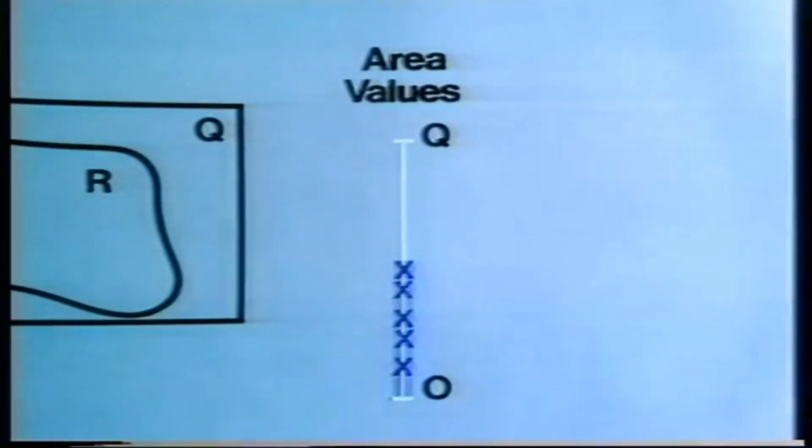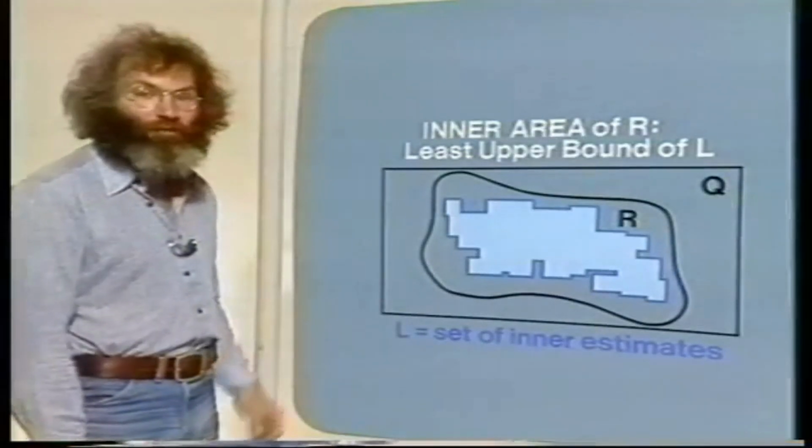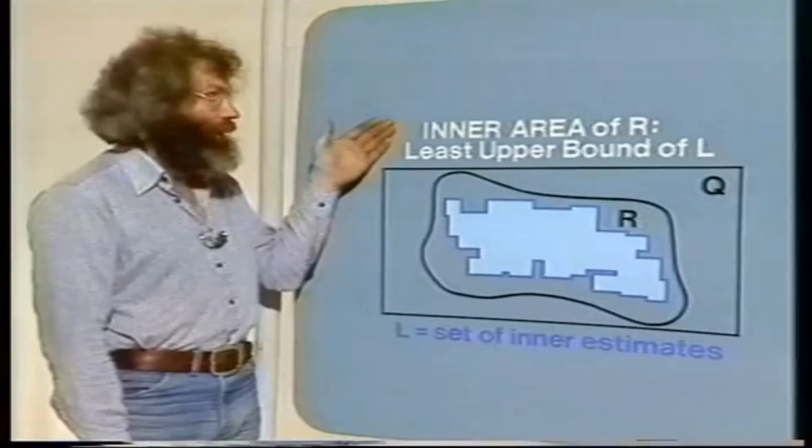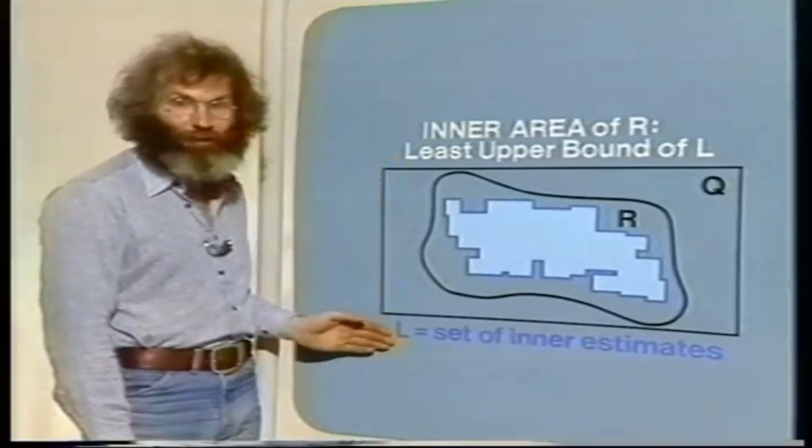We'll call the set of these inner estimates L. Now, L is bounded above by Q, so it has a least upper bound. And this is what we'll call the inner area of the region. So we've defined the inner area of the region R, and it's the least upper bound of this set L, the set of inner estimates.